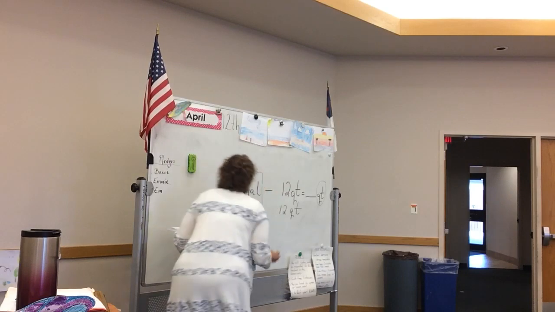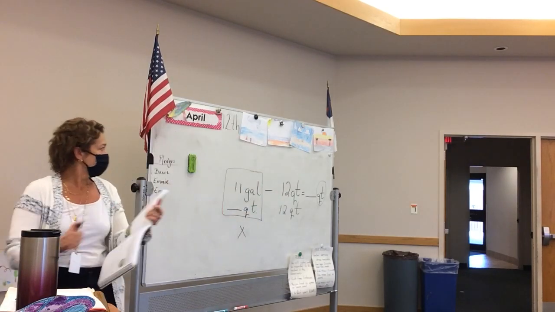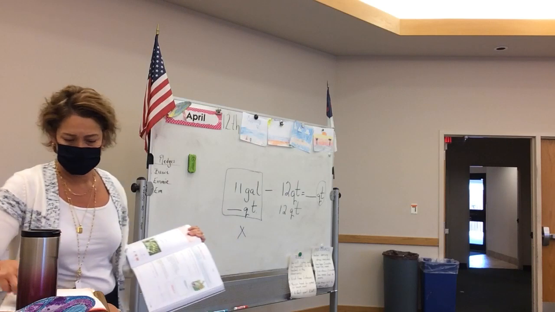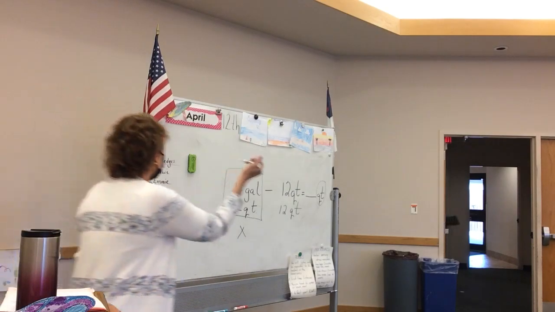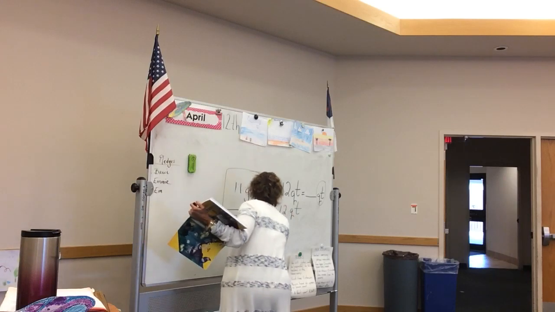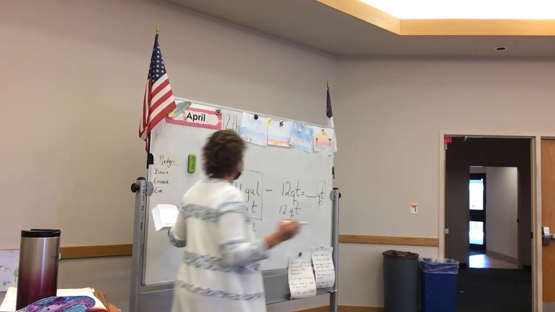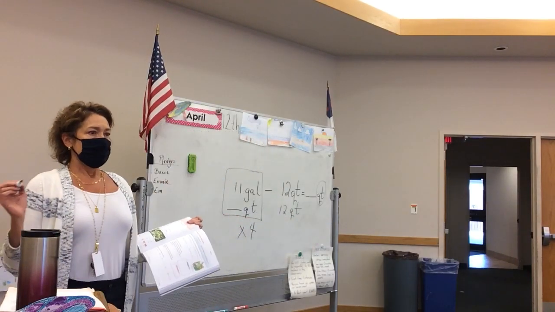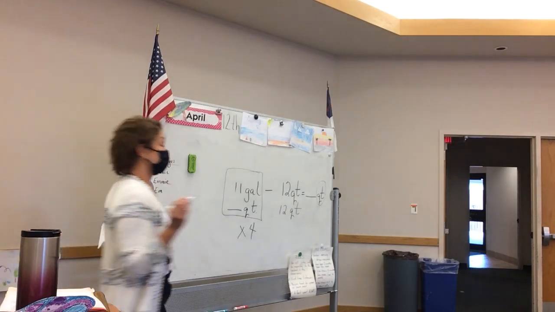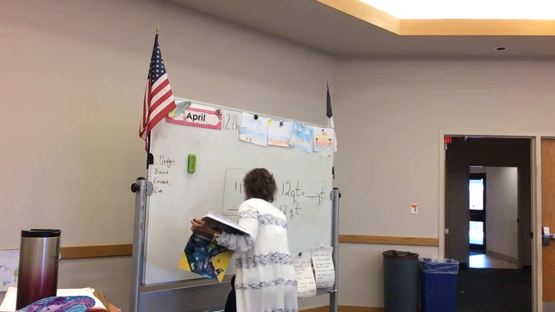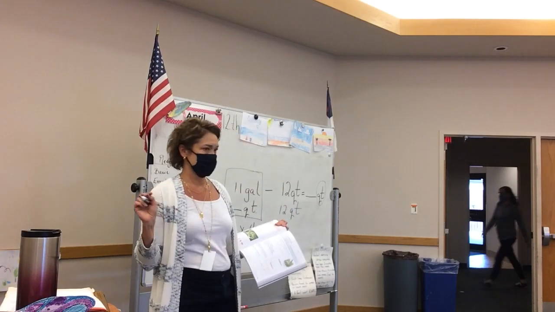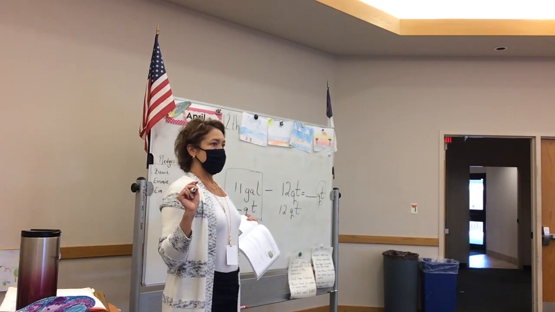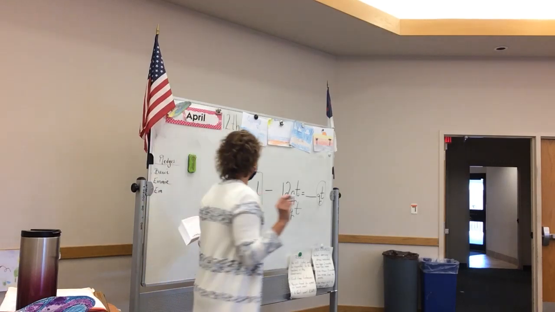All right, so doing the magical thing of how many quarts are in a gallon? 4. So we know we have 4. What are we multiplying 4 by? 11. All right, good. What is 11 times 4? Gabe. 44. Very nice.